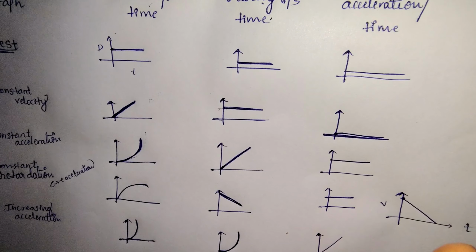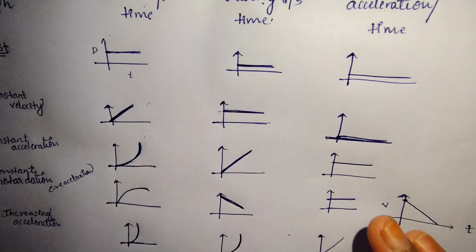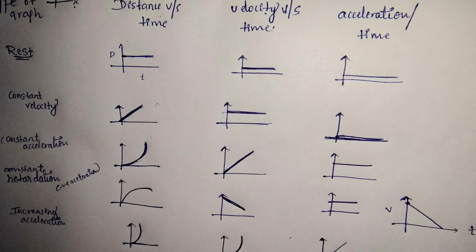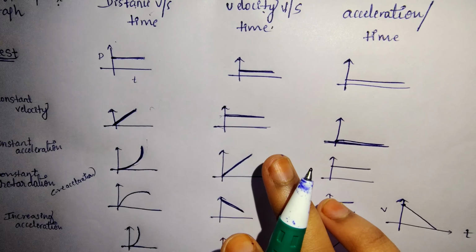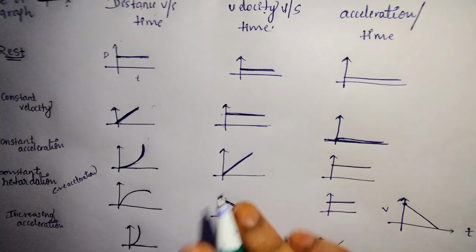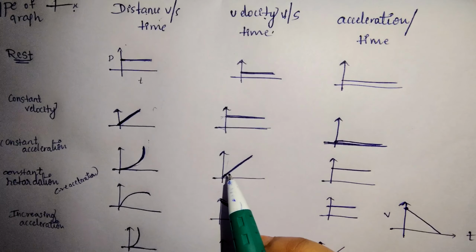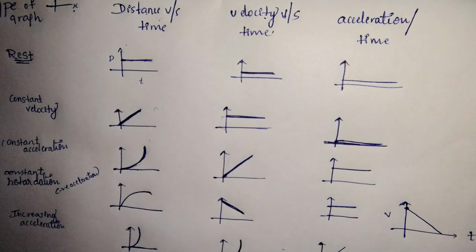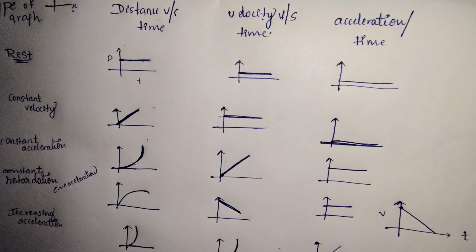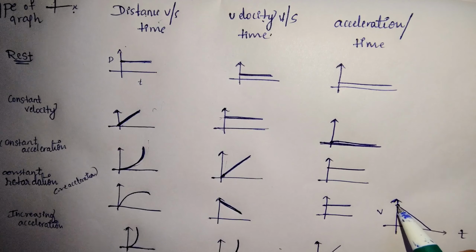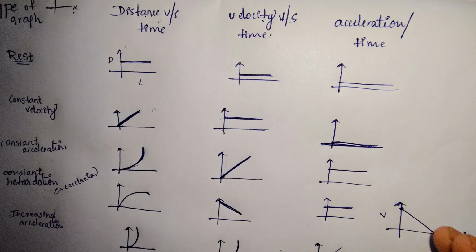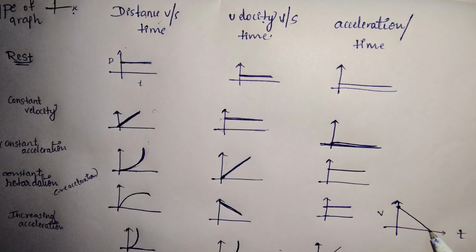Some questions give some graphs and they don't say that the initial velocity is zero. You must identify from the graphs whether the velocity is zero or not. See, in this type of graph, starting from the origin means the initial velocity will be zero. But in this type of graph, my dears, the initial velocity is not zero; the object has some initial velocity. After some time the object comes to rest, that is why it is here.